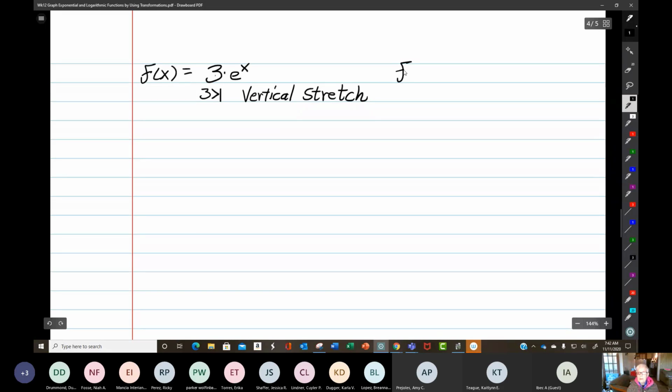On the other hand, if you've got f of x, or maybe, I know technically we should be calling it g of x, what if we have 1/3 times e to the x? Well, this 1/3 is a vertical shrink.